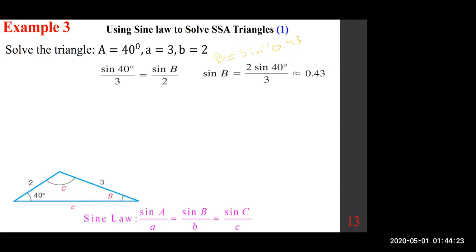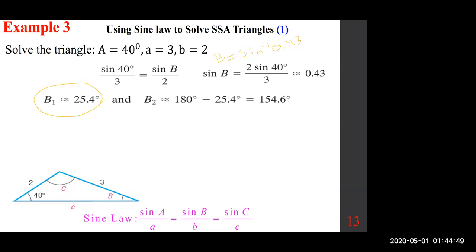And if you calculate that, it gives you 25.4 degrees. However, here's the process that I want you to pay attention to. So this is what it gives you. Let me tell you what else you must do. It gives you one of the angles, and remember what's happening.